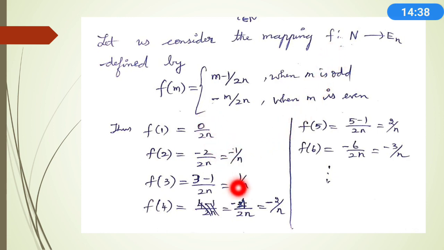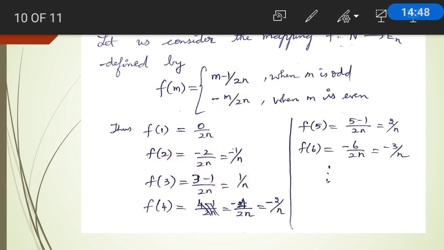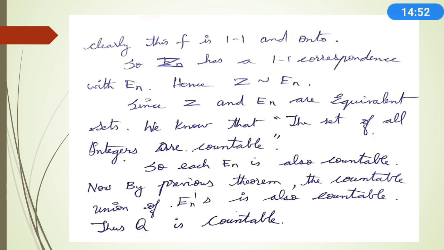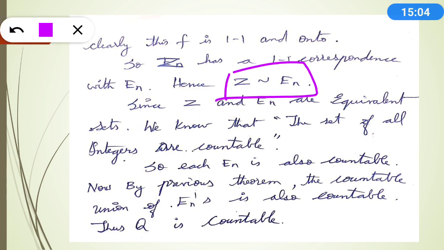Every distinct element in the image has distinct pre-images, and every element in the codomain also has a pre-image. Therefore, clearly this f is one to one and onto. So my N has a one-to-one correspondence with En, and I can say that N and En are equivalent sets.